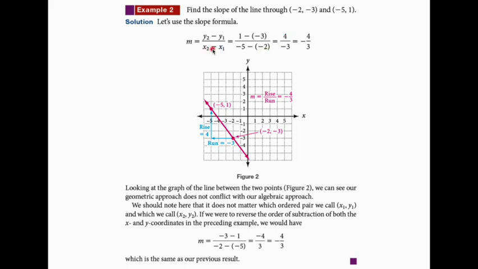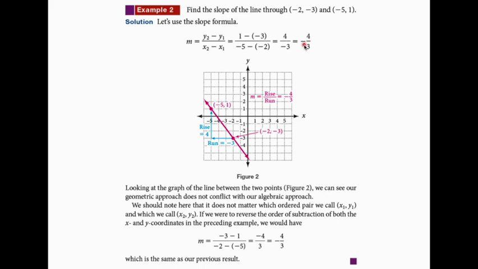And then when I take x2 minus x1, that's a -5. That's my x2. This is my x1. So I take -5 minus a -2. This negative and this negative become a positive. And so I have -5 plus 2, and I get a -3. So my final answer for the slope of the line that passes through these 2 points is -4/3.